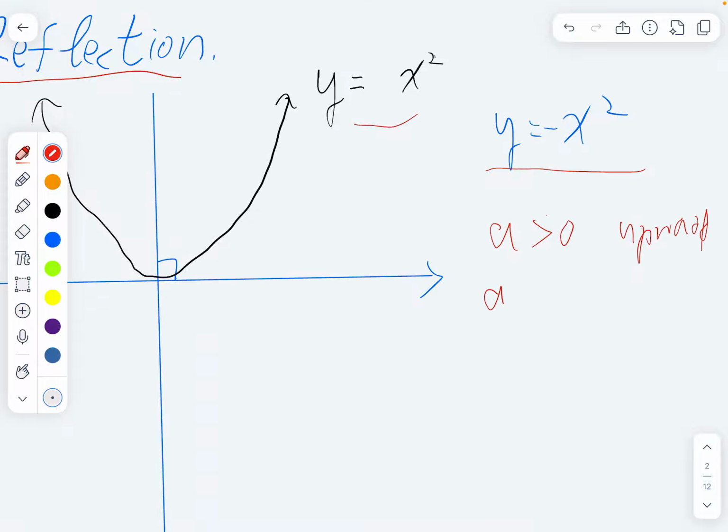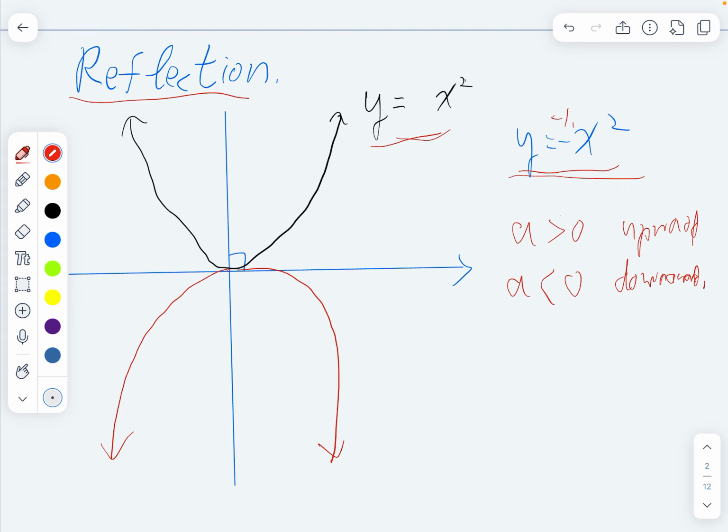So we can know that it is a reflection in the x-axis. It means it flips over the x-axis. So where a is smaller than 0, it is called a reflection in the x-axis.